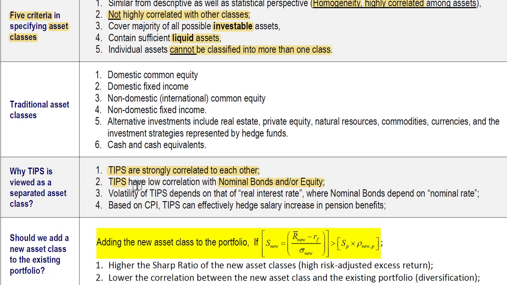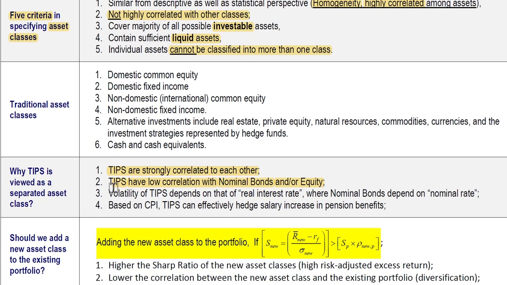Second, TIPS has a very low correlation with other classes like bonds or equity. Why? Because a nominal bond or equity is not necessarily inflation adjusted. Like a Treasury bond, it's not inflation adjusted. And since TIPS is inflation adjusted, even though the inflation is very low, because of the inflation adjusting character, the correlation is very low with other types of classes.